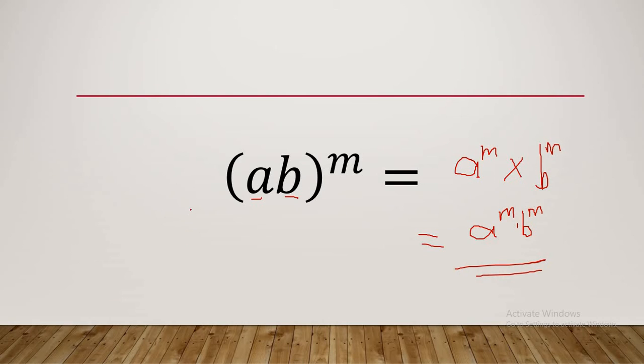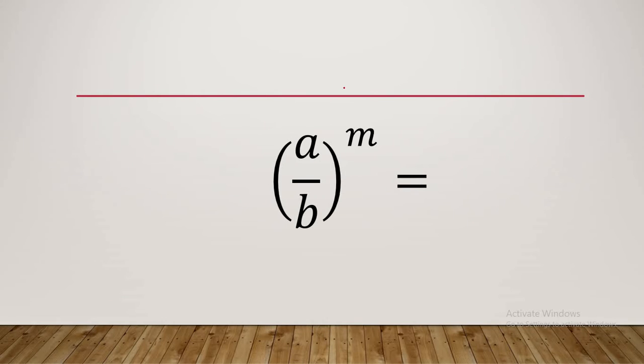Let's look at rule number 5. Look at this. We have a divided by b in parentheses, raised to the power m.